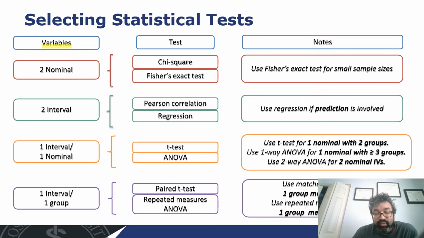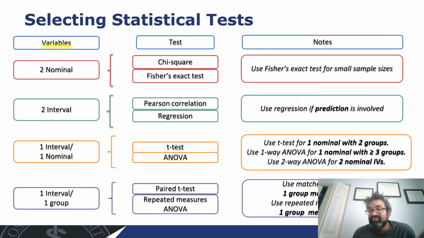Then you have one interval and one nominal. When you have this scenario, you can be thinking about a t-test if it's 2 categories, and ANOVA for 3 or more categories. Technically, ANOVA is able to handle 2 categories of a nominal variable, but according to what you need to know, you use a t-test for one nominal with 2 groups, and one-way ANOVA for one nominal with 3 or more groups.